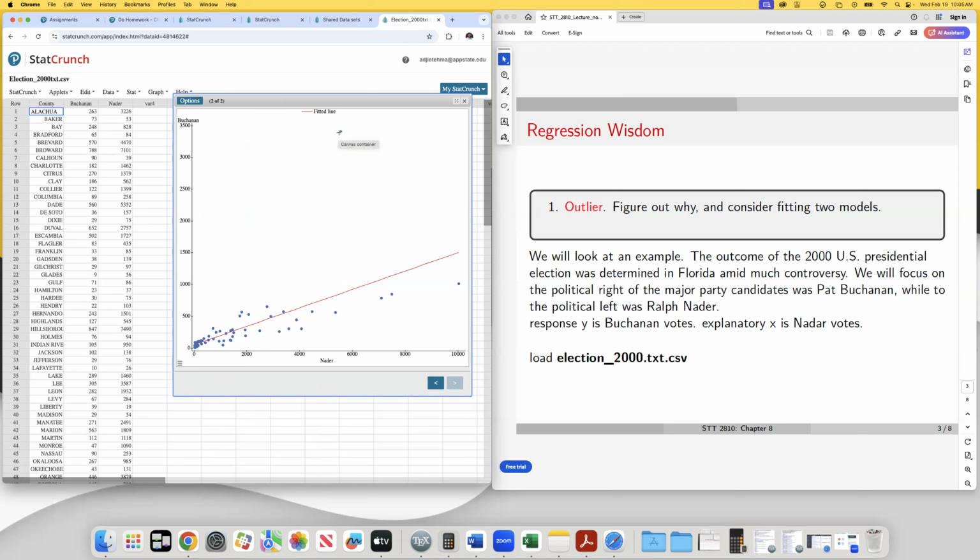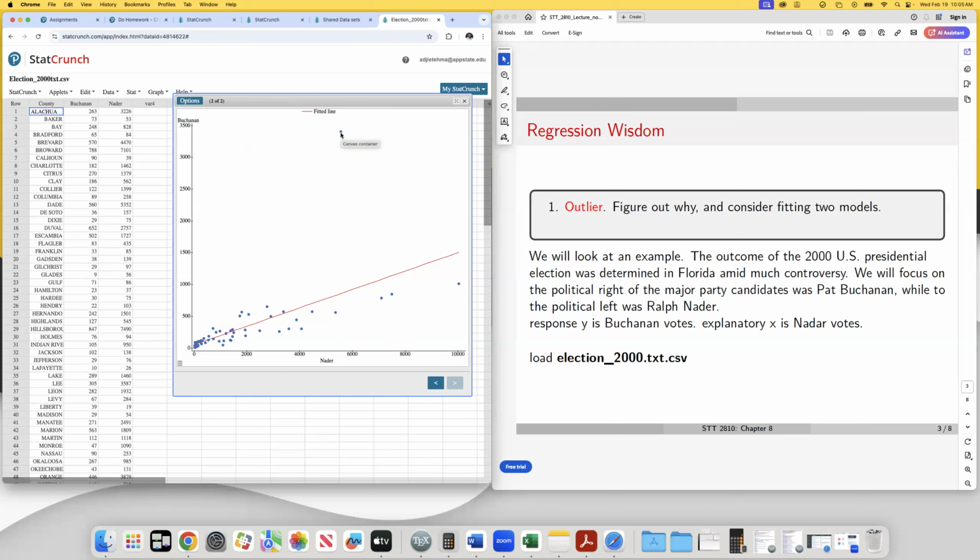It is very important that you know this, because we'll be talking about high leverage points, and there is a distinction between a high leverage point and an outlier. For an outlier, first and foremost, you should be focusing on the Y plane. You see it is very far. Look at the X here. It is within the X range, but with the Y, it is very far from the rest of them.